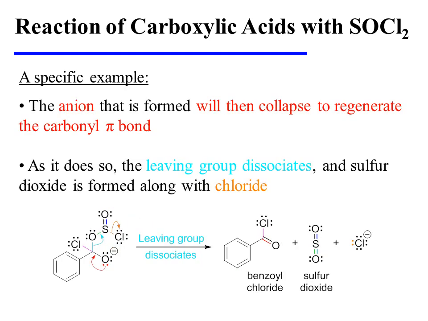In the last mechanistic step, the anion of the tetrahedral intermediate collapses to reform the carbonyl pi bond. As this occurs, the leaving group dissociates with the formation of sulfur dioxide and the ultimate displacement of chloride. The net result is the generation of benzoyl chloride as our product of interest.